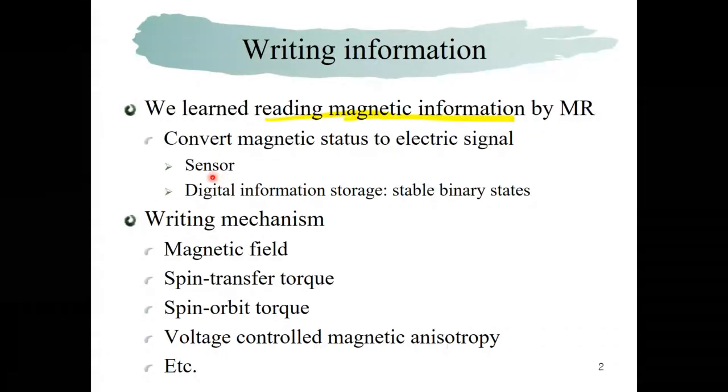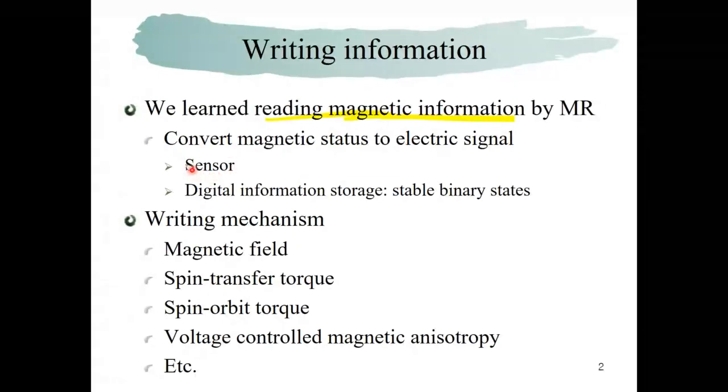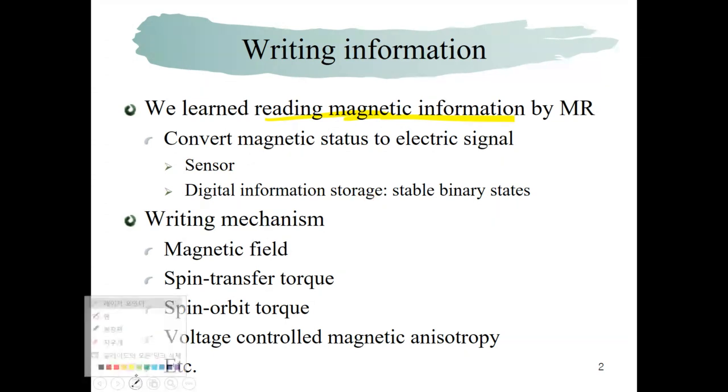So basically, such a concept is applicable for any kind of magnetic sensors and any kind of digital information storage. Digital information storage can be a magnetic hard disk drive or magnetic random access memory or magnetic tape drive and many more. Most digital information storage is based on two stable energy states.